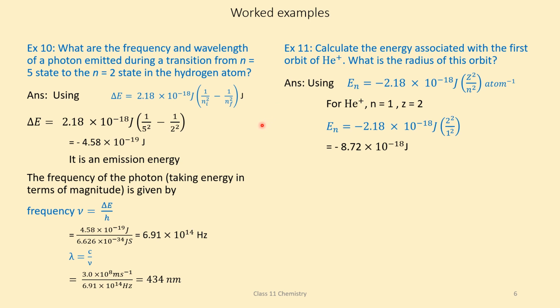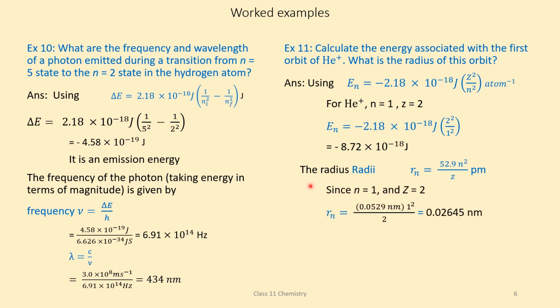Now we have to further calculate the radius of orbit, as given by the equation Rn is equal to 0.0529 nanometers divided by Z. Substituting the values, Rn is equal to 0.0529 nanometers into n square, which is 1 square, divided by 2, because Z is equal to 2.